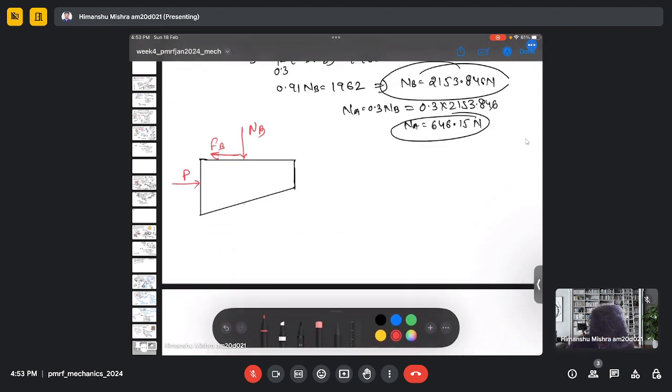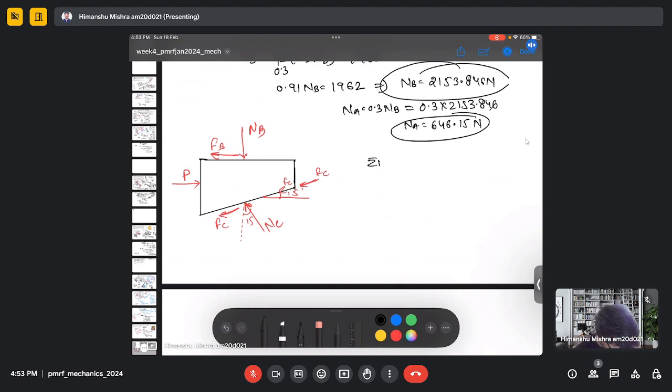So there will be a normal reaction due to the C block, which is NC, and this is at 15 degrees. Again, this will be 15 degrees. And there will be a friction force FC in this direction. This will be my friction force FC.